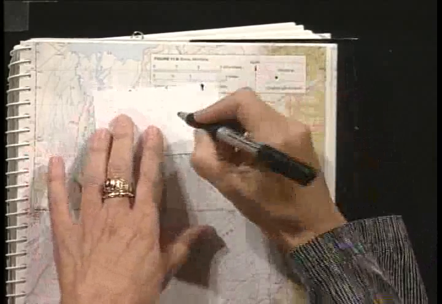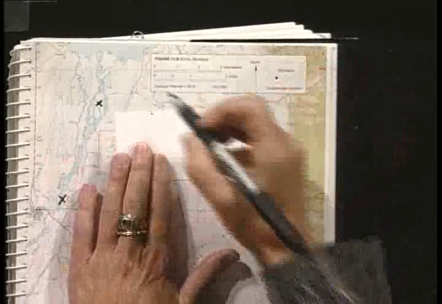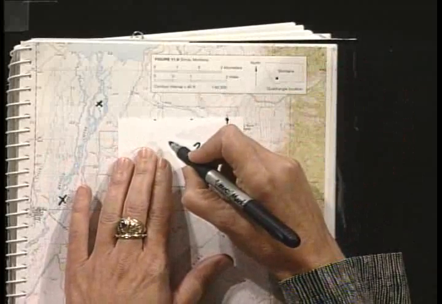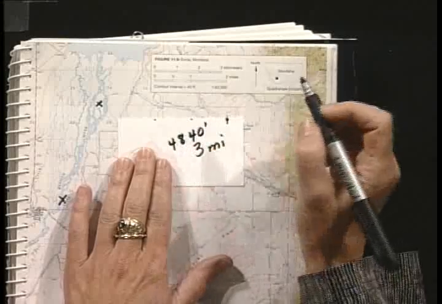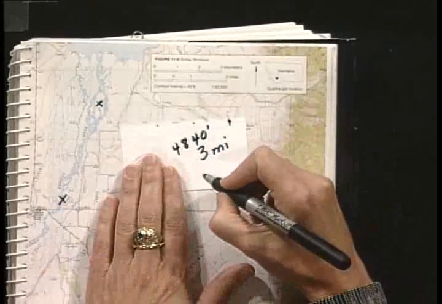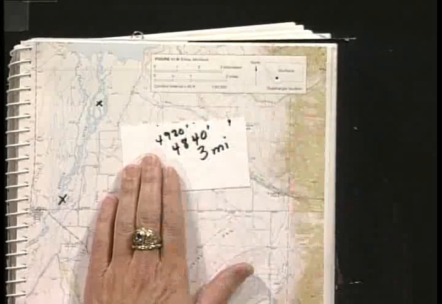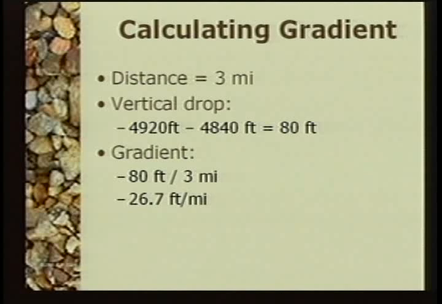Basically right here we have 3 miles. Now remember, the contour interval is 40 feet, but our contour lines are at 4,840 feet for this X, and for this X down here we are at 4,920 feet. Okay, let's calculate. The distance traveled is 3 miles.